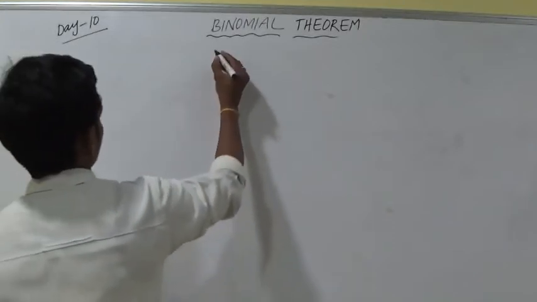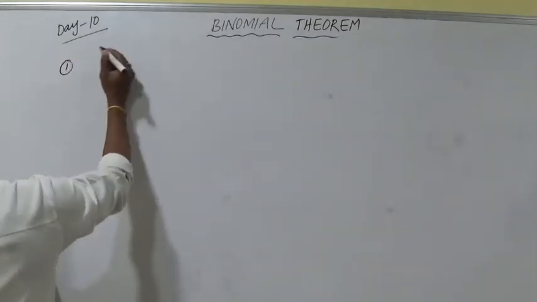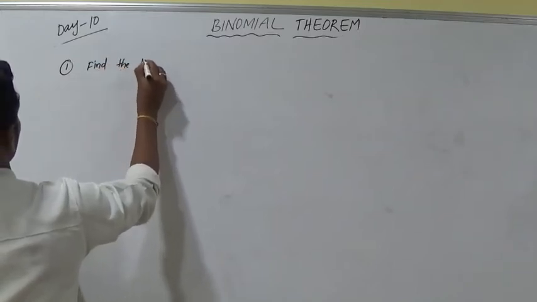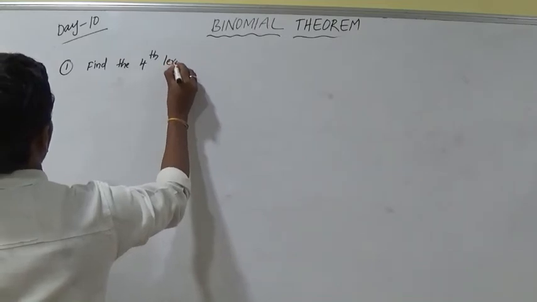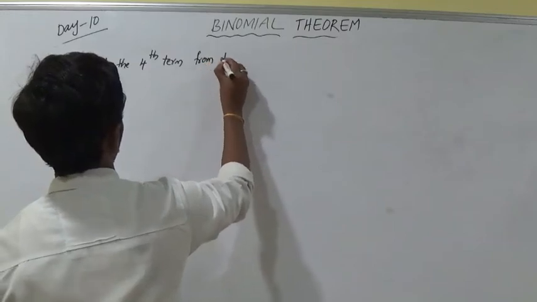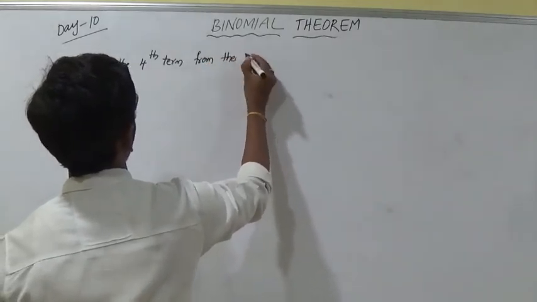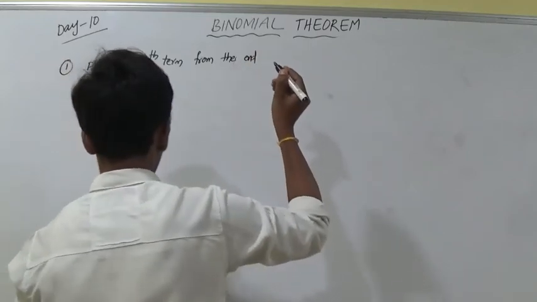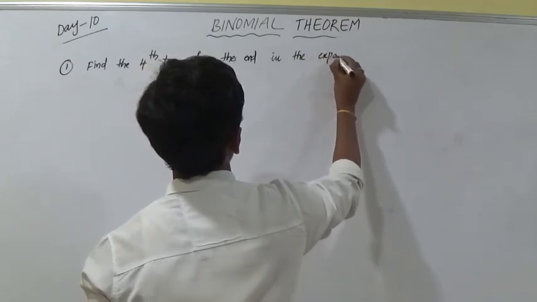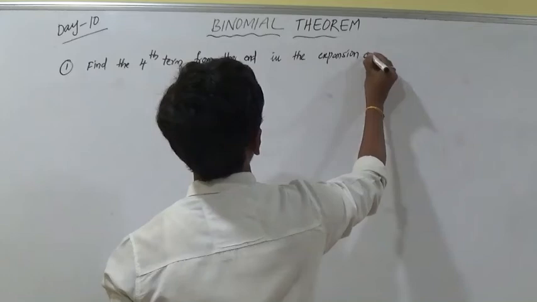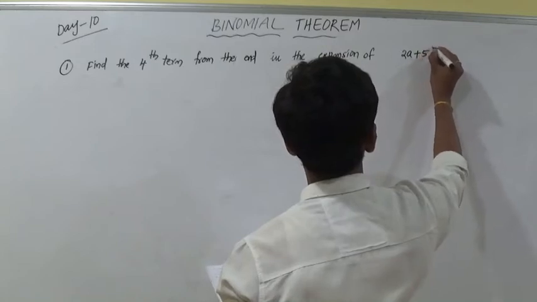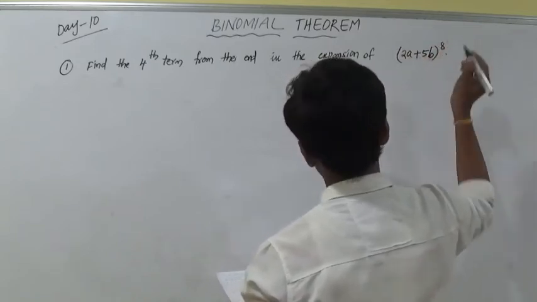First question. Homework. First question. Find the 4th term from the end in the expansion of (2a plus 5b) whole power 8.